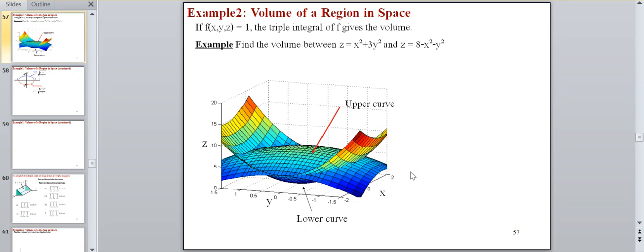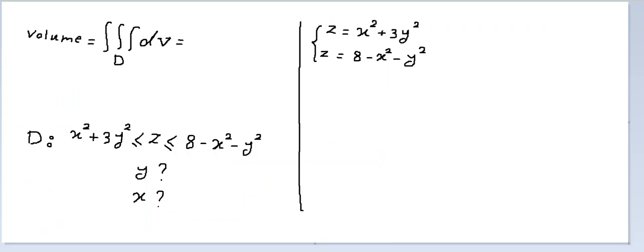So look at the image. To describe the region D, you can see z is from the lower surface to the upper surface. Our lower surface is this, upper surface is this. Now, what about the limits for y and x?